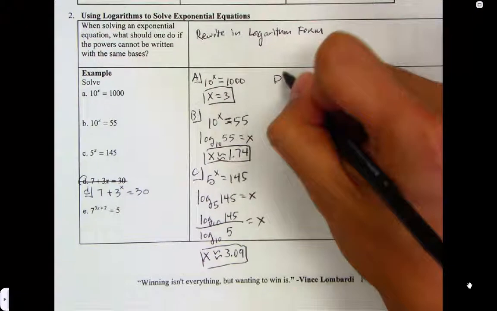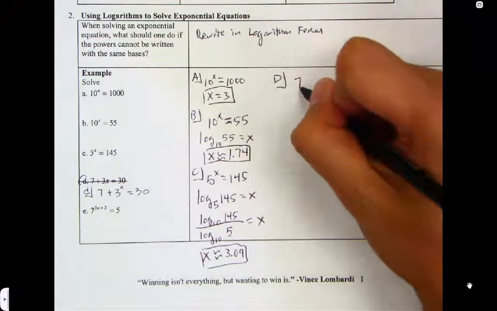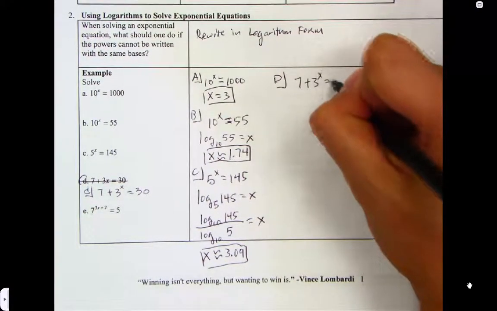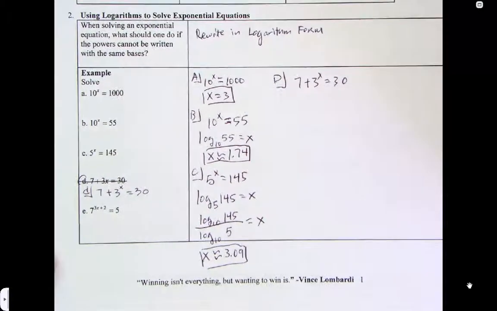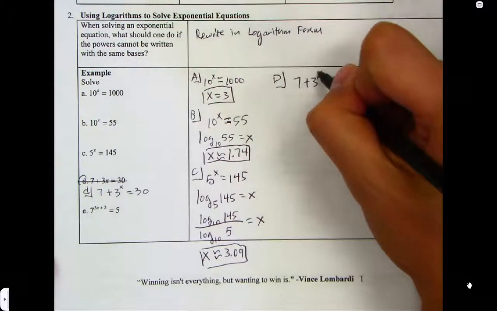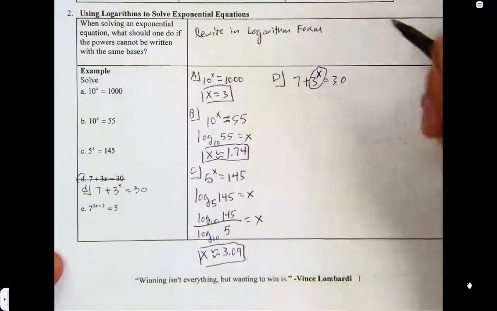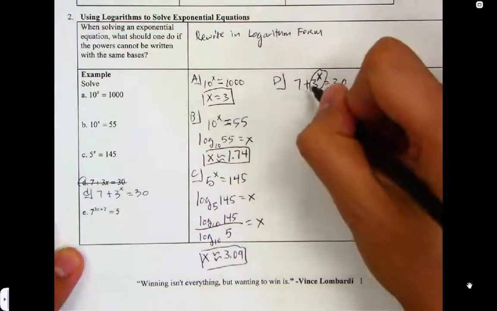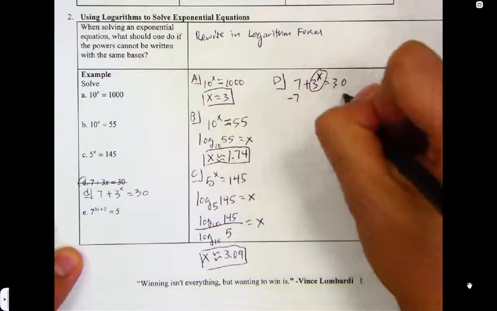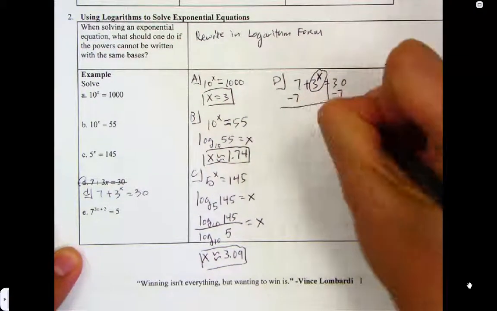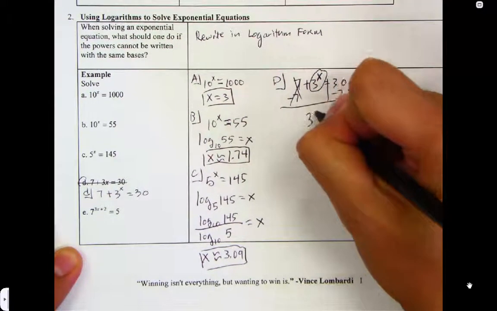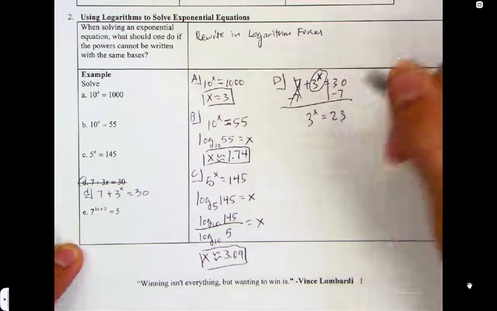D, 7 plus 3 to the x is equal to 30. The x is in the exponent, so this is an exponential equation. So I'm going to circle that. I'm going to get that by itself. To get rid of plus 7, I'm going to subtract 7 on both sides. These cross out. 3 to the x equals 23.